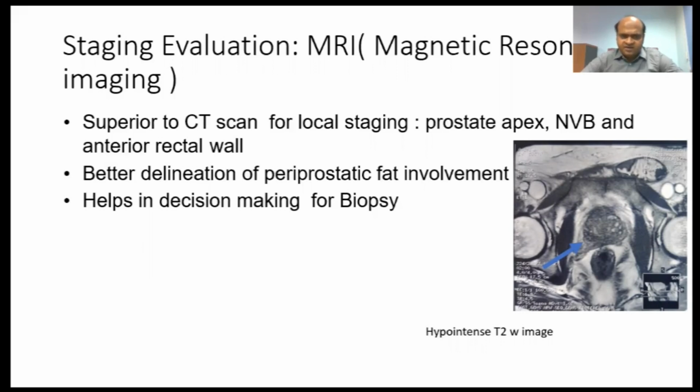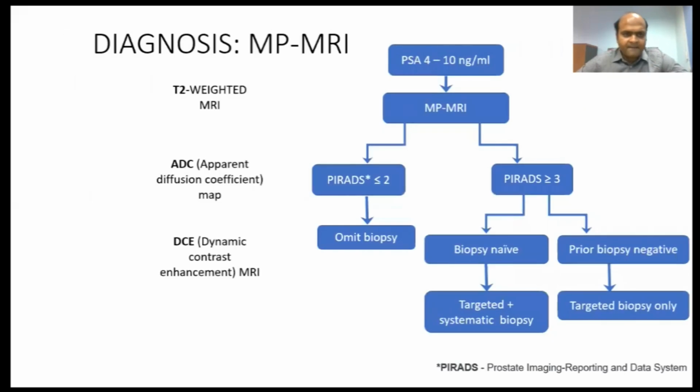And recently, the role of MP-MRI has come up in a big way, that is multiparametric MRI, which helps in decision making for biopsy in doubtful cases. I will talk a few words regarding the role of MP-MRI in the diagnosis of prostate cancer.